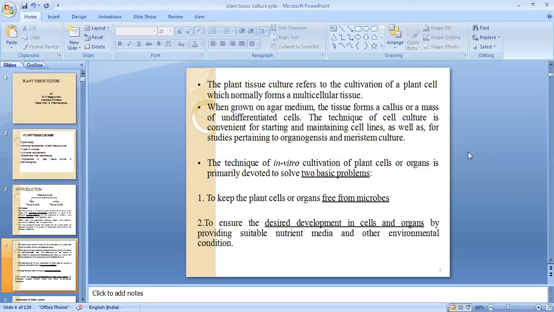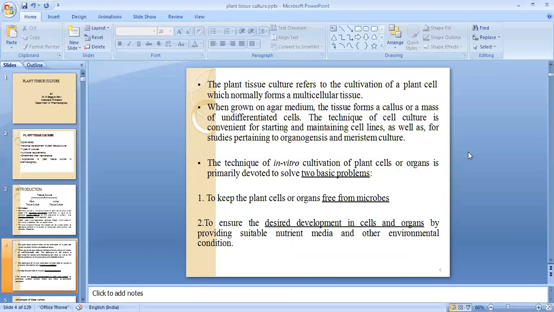We are isolating a single cell and allowing that single cell to grow in an artificial medium with all the wanted environmental conditions, everything you are providing artificially, and you are allowing that single cell to multiply and to differentiate into different types of tissue, and finally you are going to get the whole intact plant.